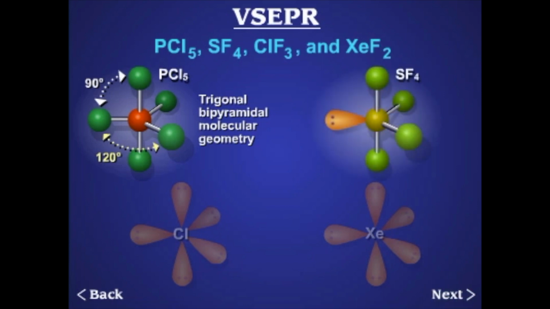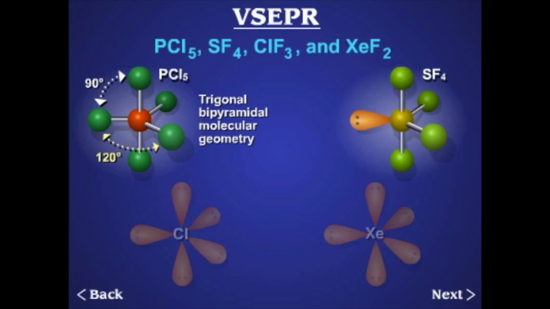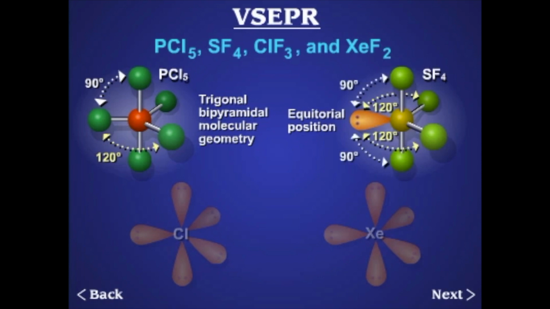In SF4, there are 4 bonding pairs of electrons and 1 lone pair. Lone pairs in a trigonal bipyramidal electron pair arrangement will occupy equatorial positions rather than axial positions. In SF4, if the lone pair is equatorial, there are 2 bonding pairs at 120 degrees and 2 more at 90 degrees.